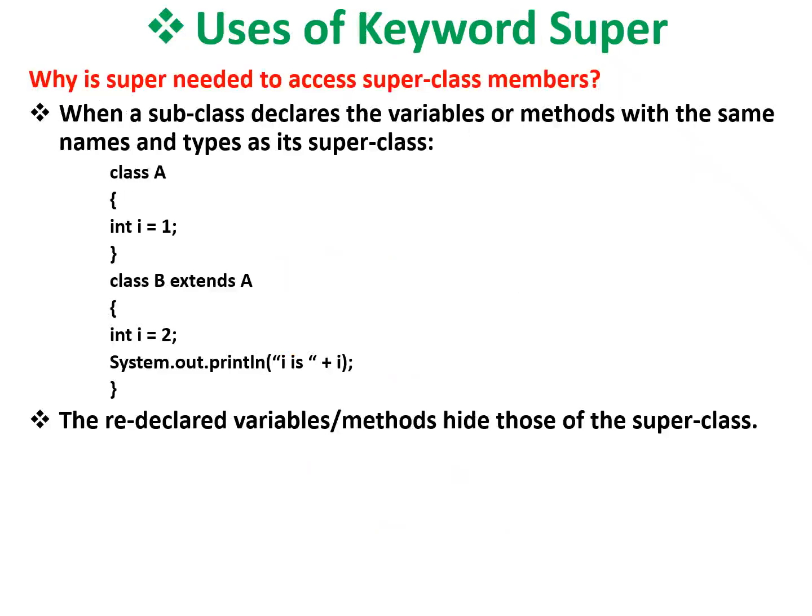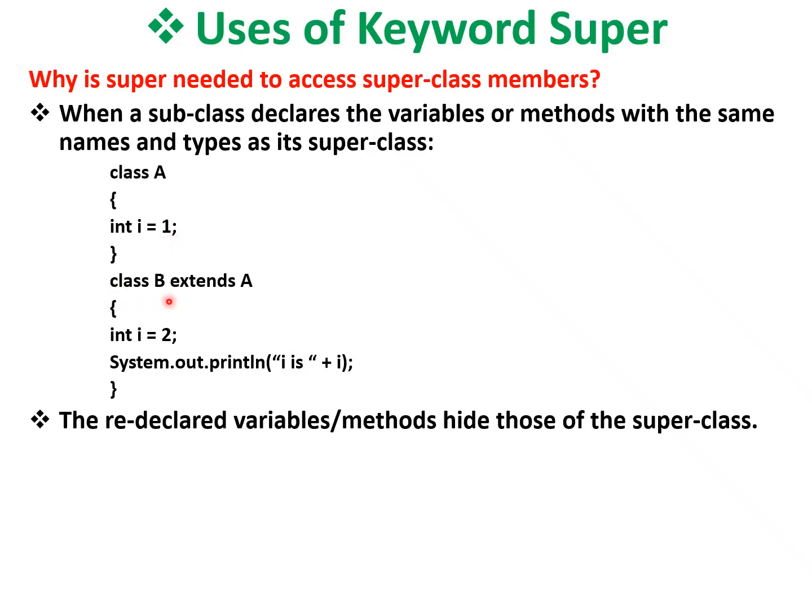Here is an example for the super keyword. Why is super needed to access the superclass members? When a subclass declares a variable or method with the same name and type as its superclass. Here class A contains the variable i equal to 1.